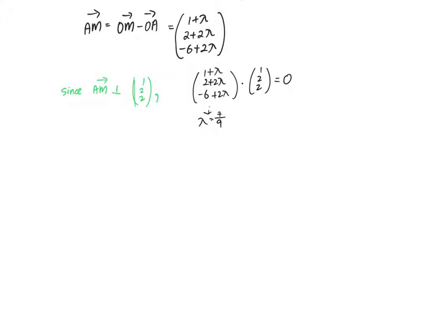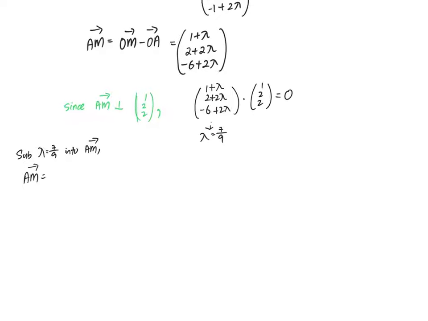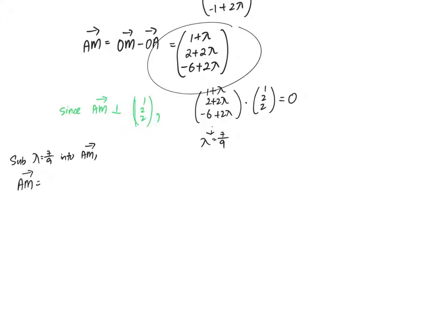Now we go back to finding the direction vector of line 1, which is AM. So we just sub lambda equals 7 over 9.